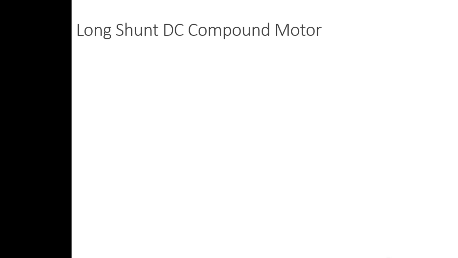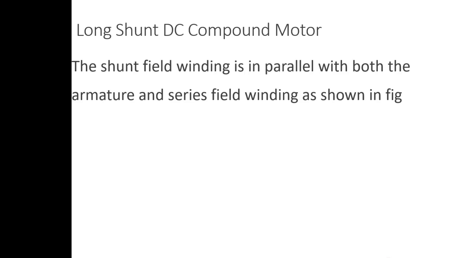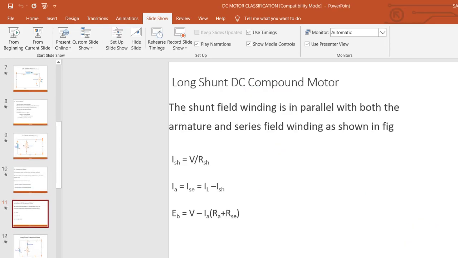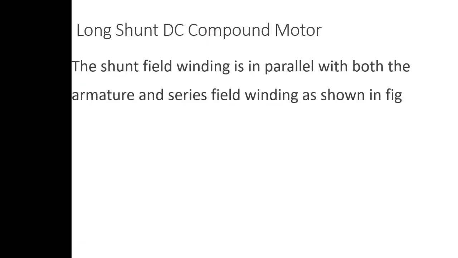In the long shunt DC compound motor, the shunt field winding is in parallel with both the armature and the series field winding, as shown in the figure.